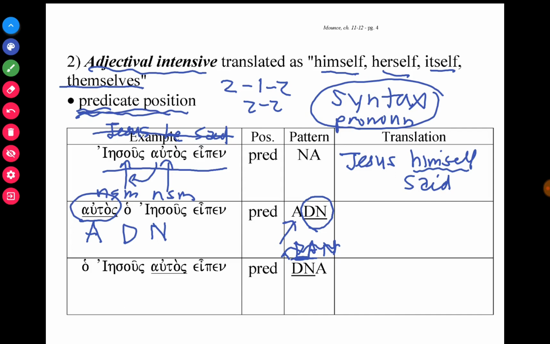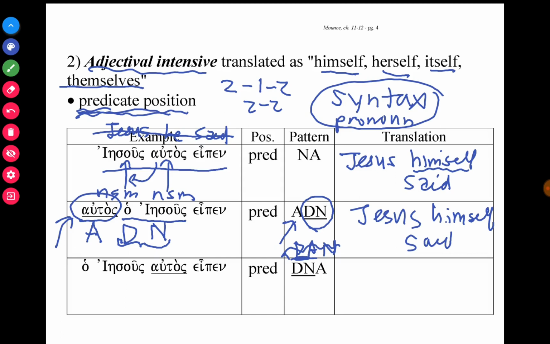So this sentence is also translated. Here is what's the subject, Jesus. And because autos is in the predicate position, signaled by the fact that the definite article is adjacent to the noun, we would translate this as Jesus himself said.